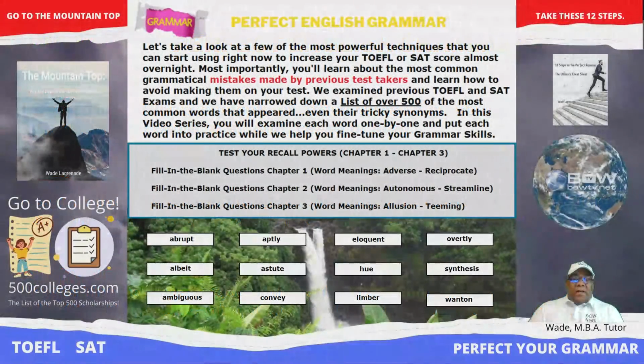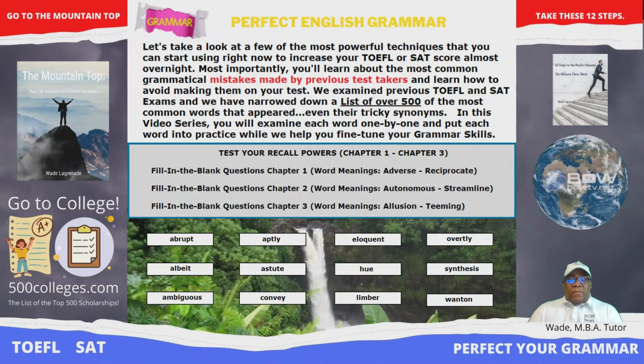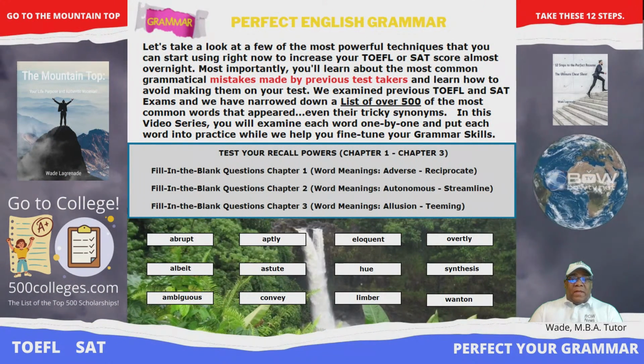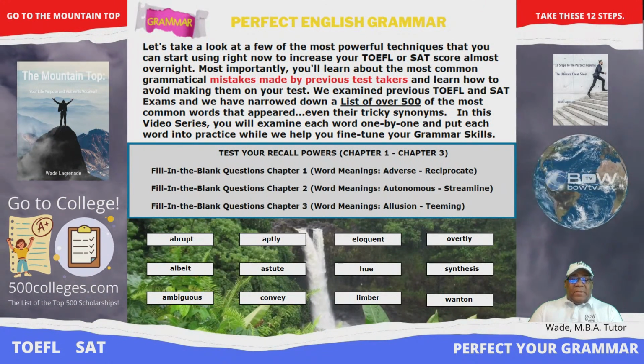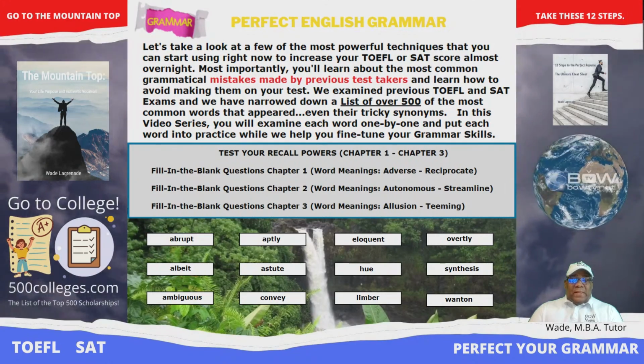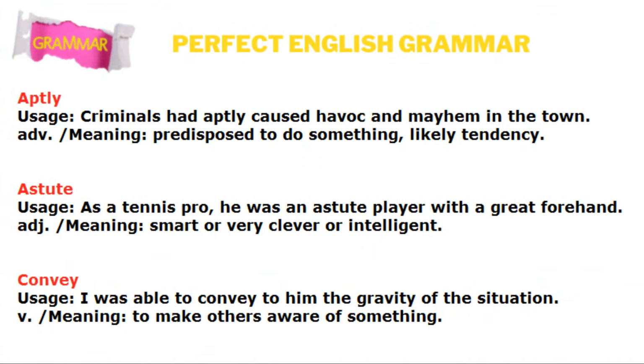Our next group of words that we're going to be reviewing and putting into practice would be aptly. Usage: criminals had aptly caused havoc and mayhem in the town. Adverb meaning predisposed to doing something, likely, or a tendency to do.